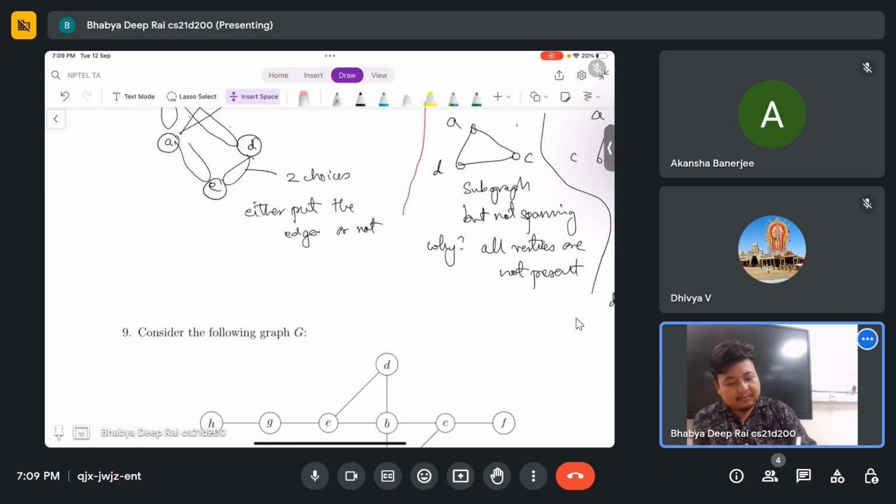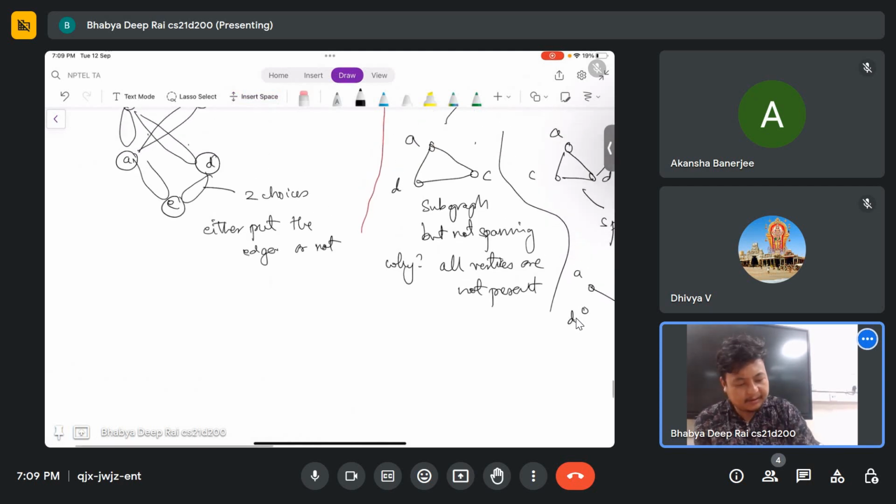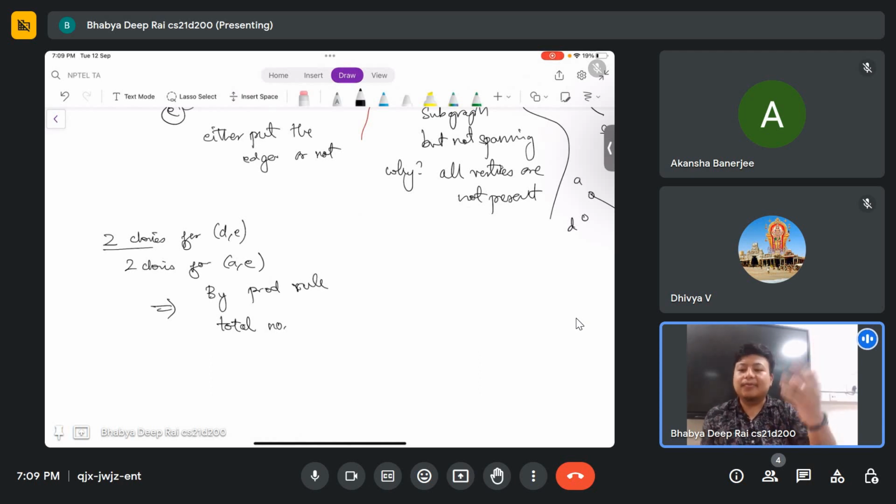So there are two choices for, let's say, DE, two choices for AE, edge AE, and so on. Two choices for each. So this means that by the product rule, each of these choices causes a new spanning subgraph to be formed.